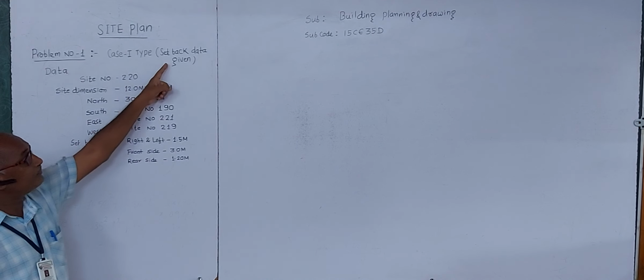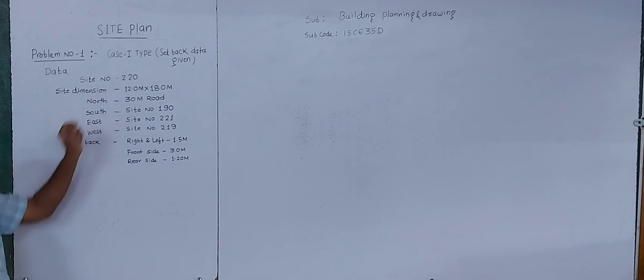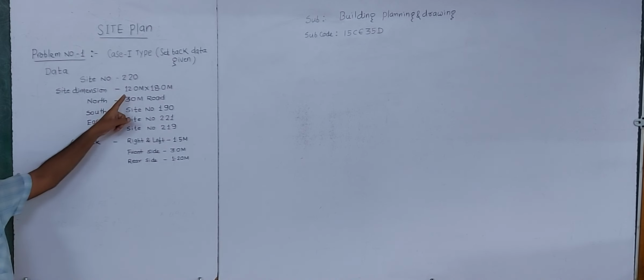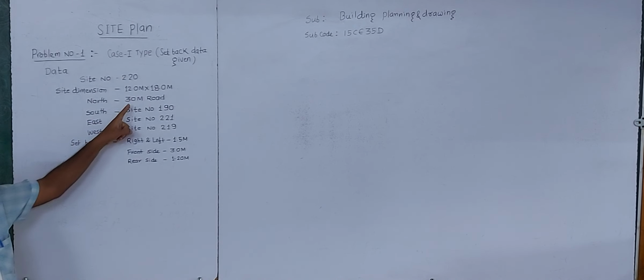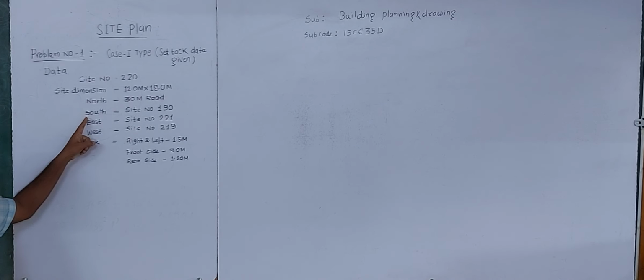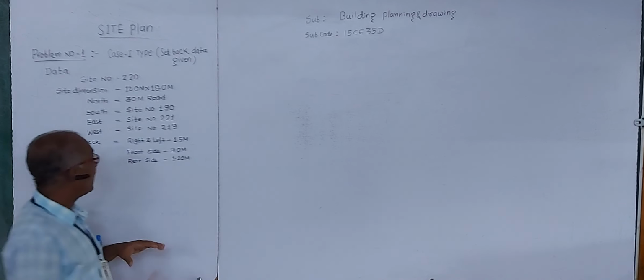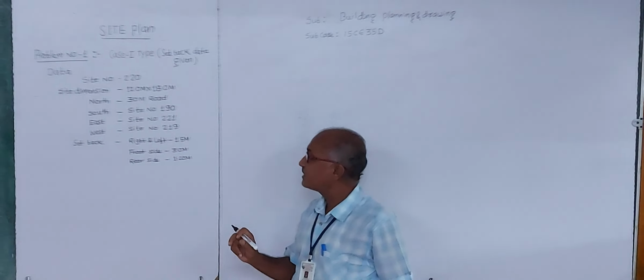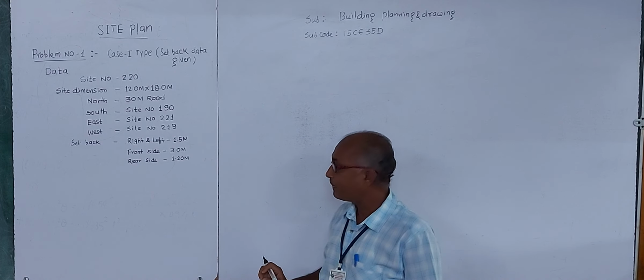Here in this problem the setback data is given. The site number is 220 and the site dimension is 12 meter into 18 meter. The north direction will have a road of 30 meter width, and the south will have site number 190, the east will have site number 221, and the west will have site number 219.